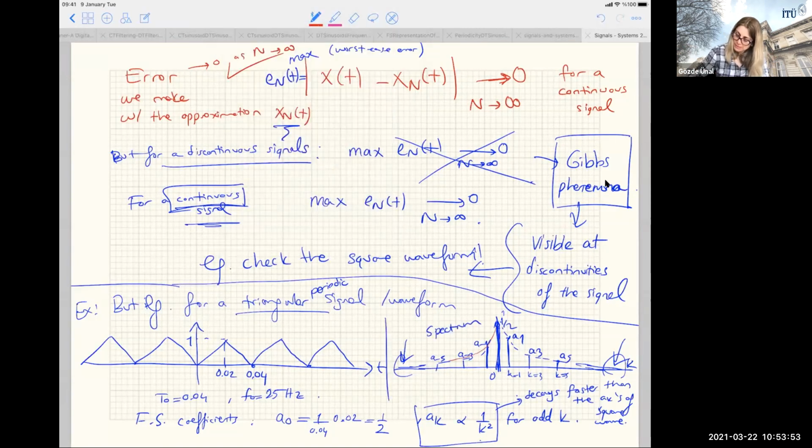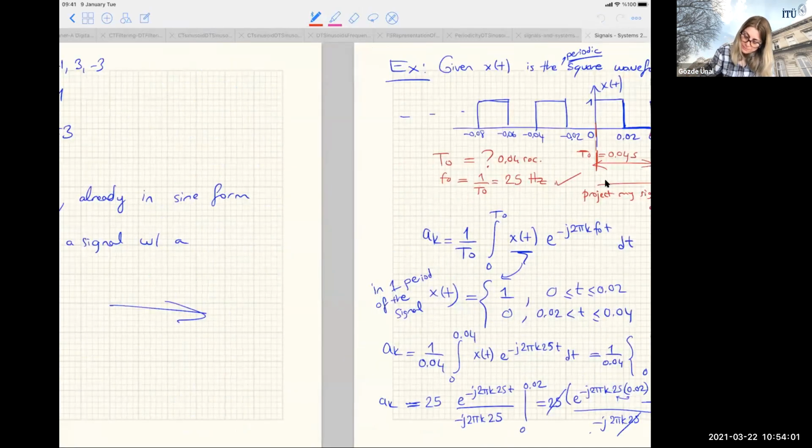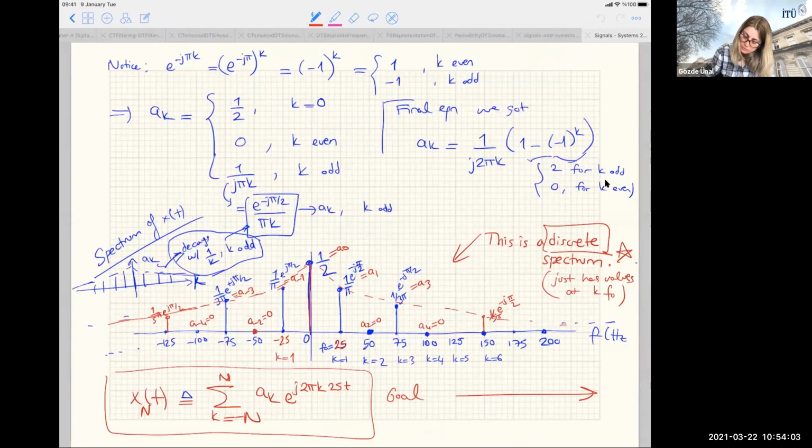Of course, it's a discrete waveform, I'm just drawing the envelope, for your better visualization, meaning I'm joining the lines between the values of the spectrum.